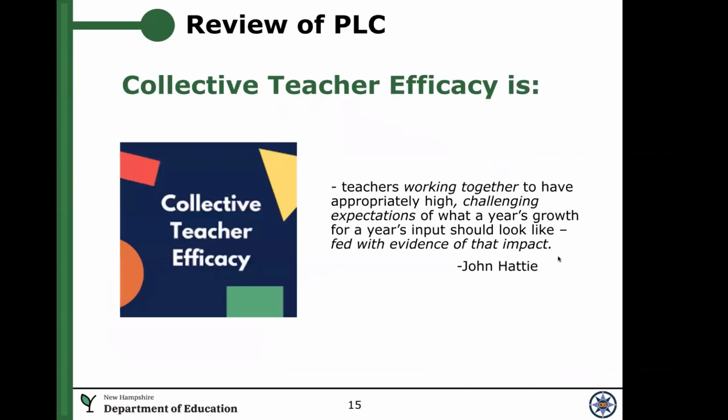So just to review that and make sure you understand, again, this working together, we know this is not new. We know that we need to work together. This next part, an appropriately high and challenging expectation of what a year's growth for a year's input should look like, is really essential.